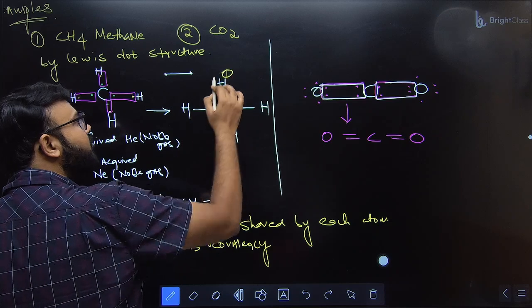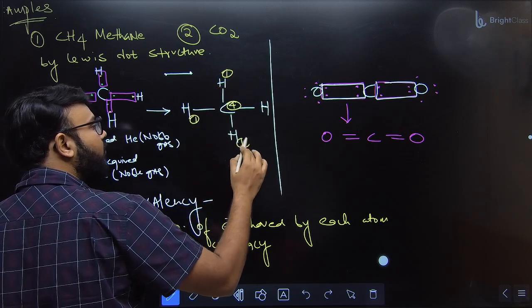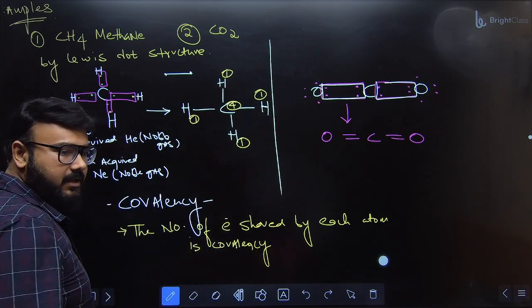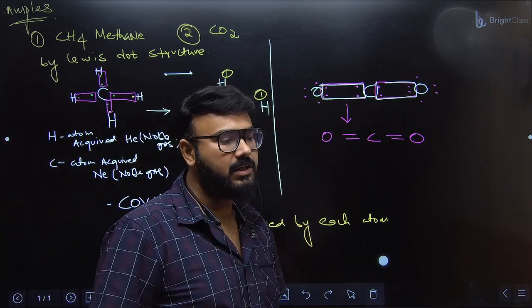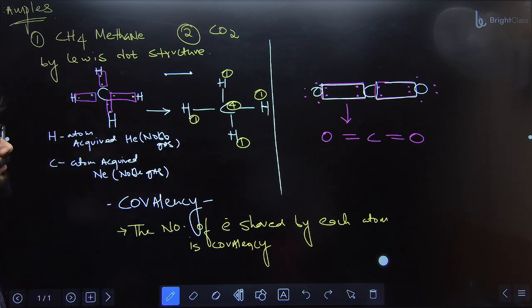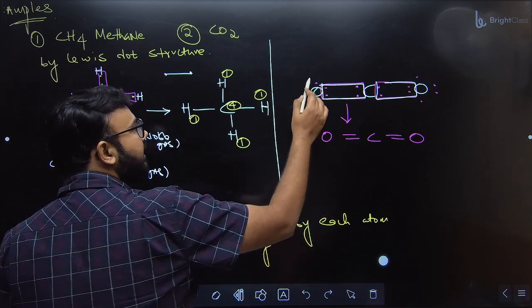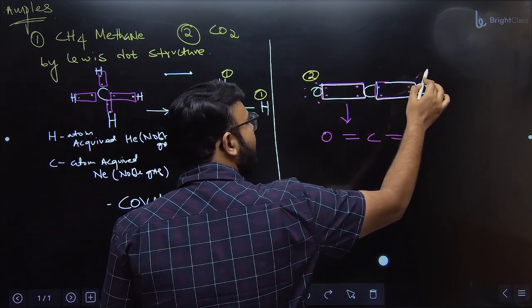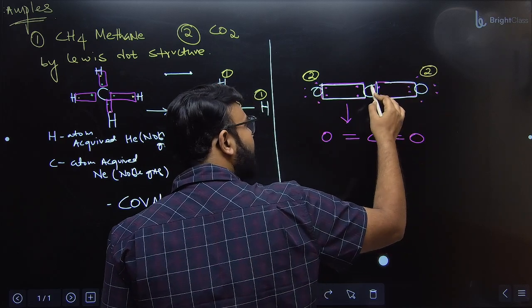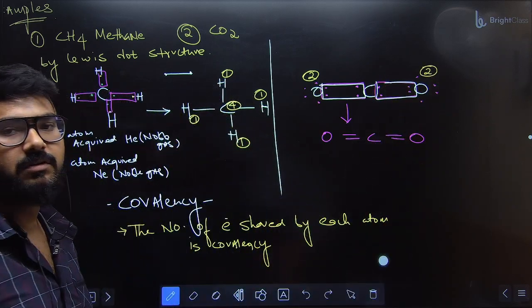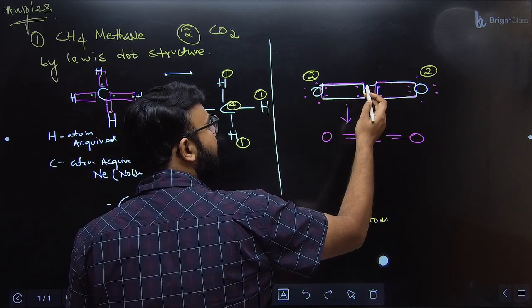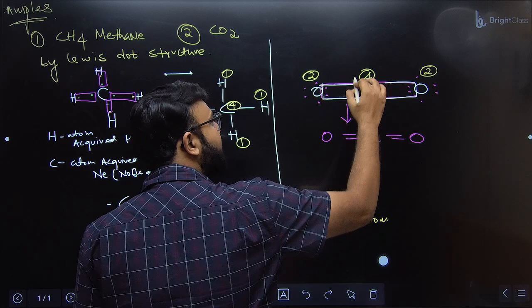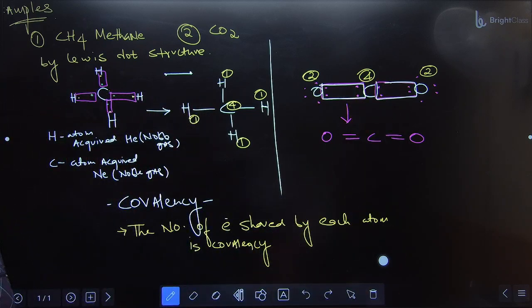Similarly, Manvi, what is the covalency of each oxygen? Two. Yes, very good. Now, Neha, what is the covalency of carbon in CO2? Four. Very good. So you understood the meaning of covalency now?